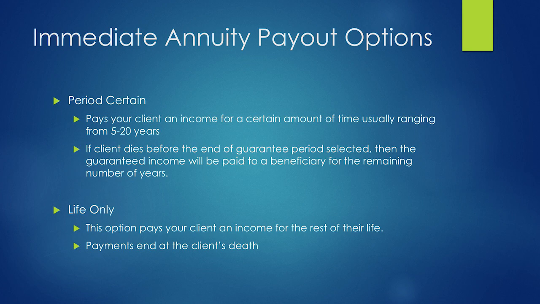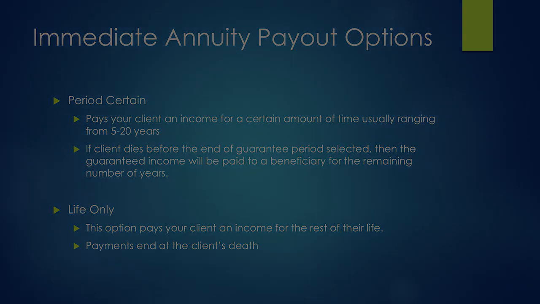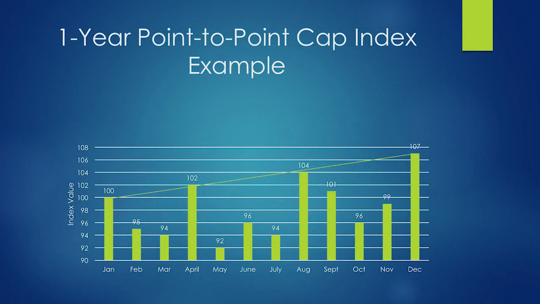Okay, and here's an example of a 1-year point-to-point. He started in January with the S&P being 100, and these are just hypothetical numbers, not real. But then he ends in December with it being 107, so he made 7%. And then, based on whatever his cap is, if his cap was 7%, you get 7. If his cap was 5%, you get 5.